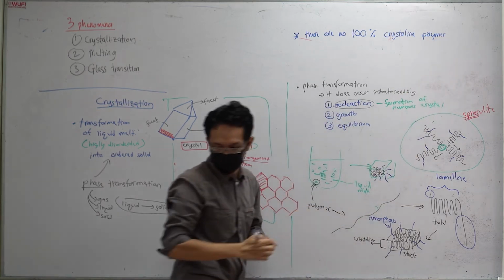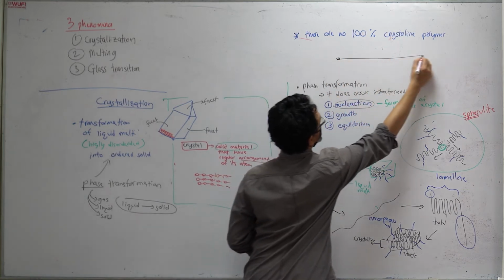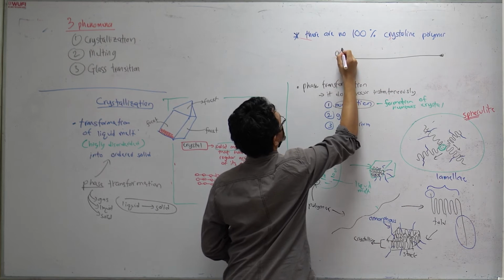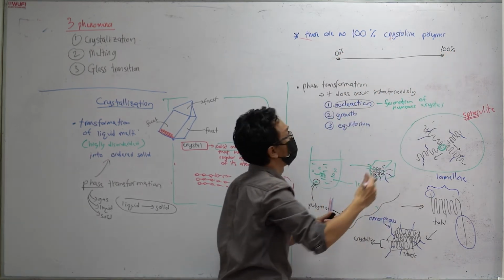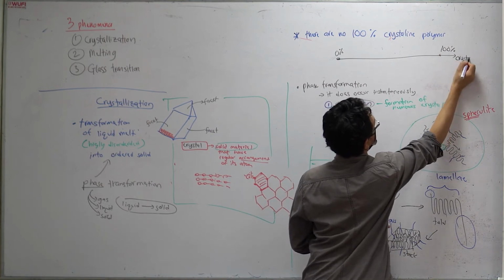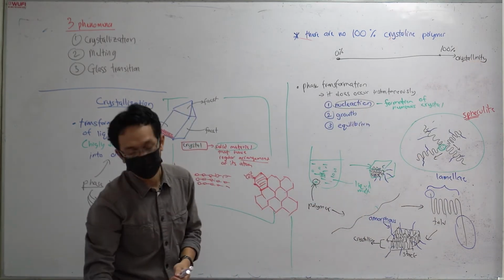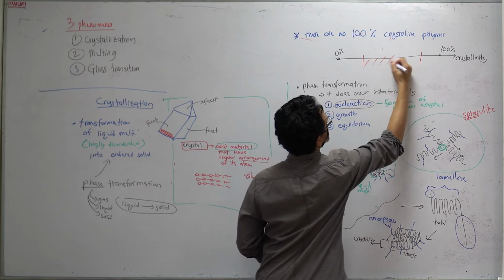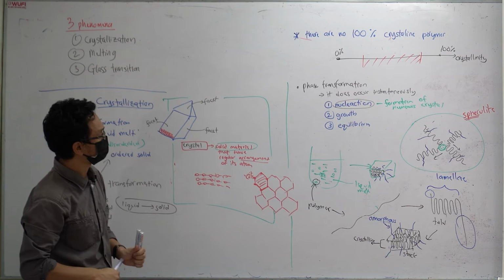So if let's say I draw a line here, and then this is 0%, this is 100%. And in terms of crystallinity, let's say I put here crystallinity, then the polymer is typically somewhere in between here.